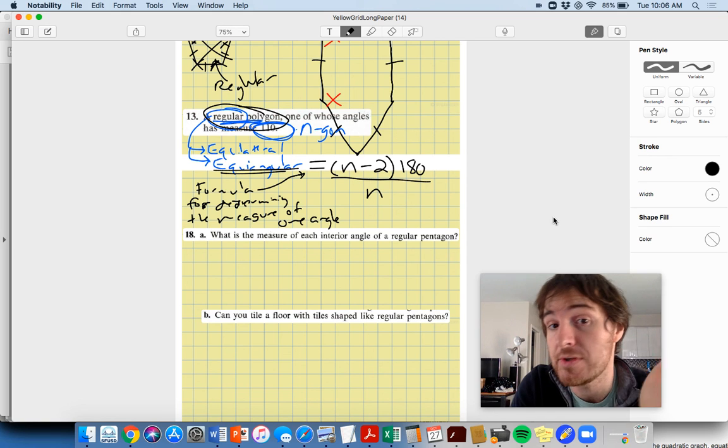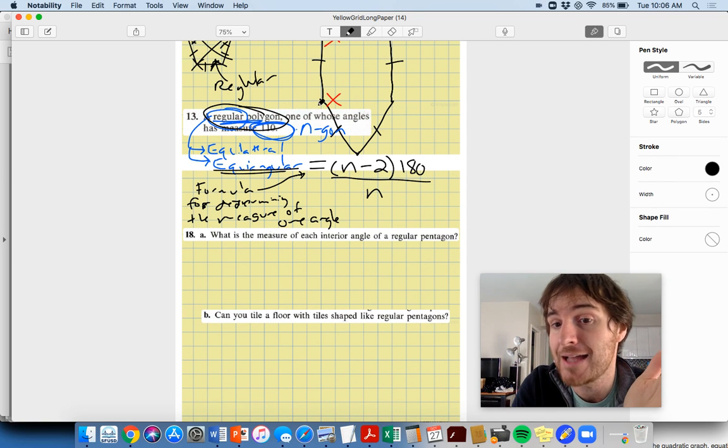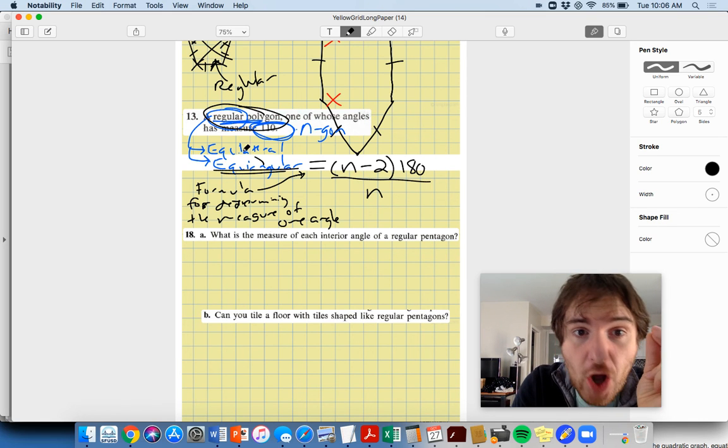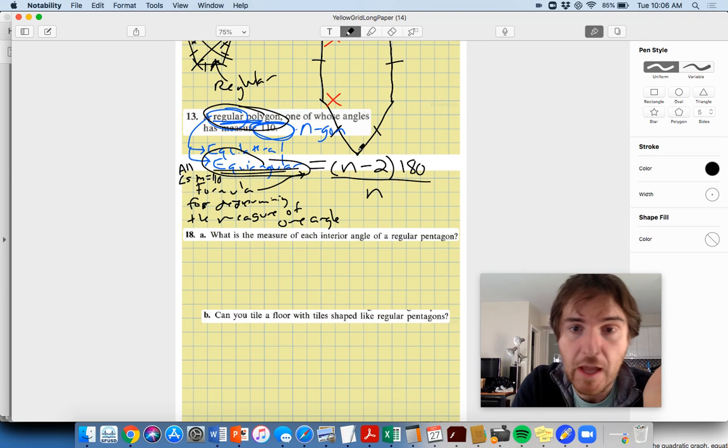I would use this formula to determine how many sides there are if each angle measures 110. It says one of whose angles measures 110. If it's a regular polygon, then all angles measure 110.